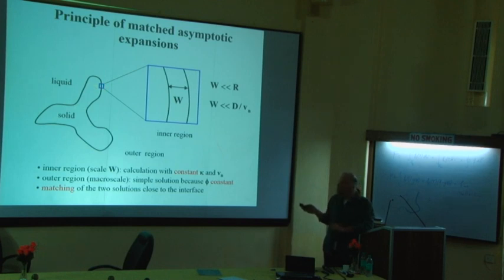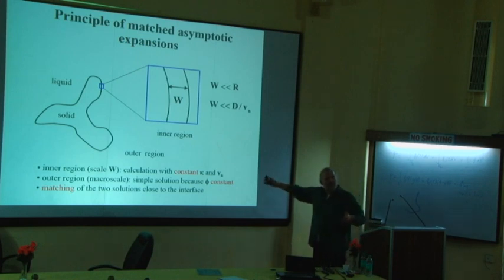And then you do a second calculation on what is called the inner scale. That is, you look at the problem at the interface scale. At the interface scale, the variations of the phase field are important. But on the other hand, the variations of the diffusion field are small, because the diffusion field varies on the scale of the outer region. Okay?